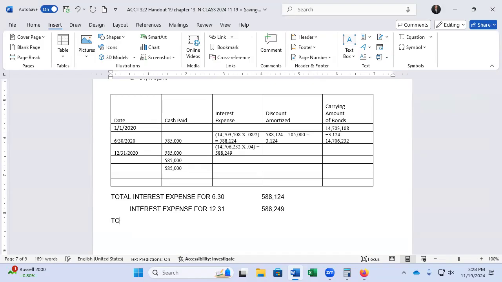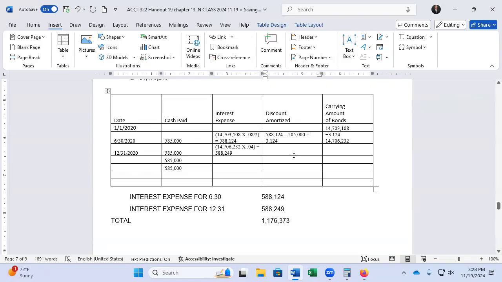And so the total is going to be 1,176,373. And this would go 3,249 and 14,709,481.